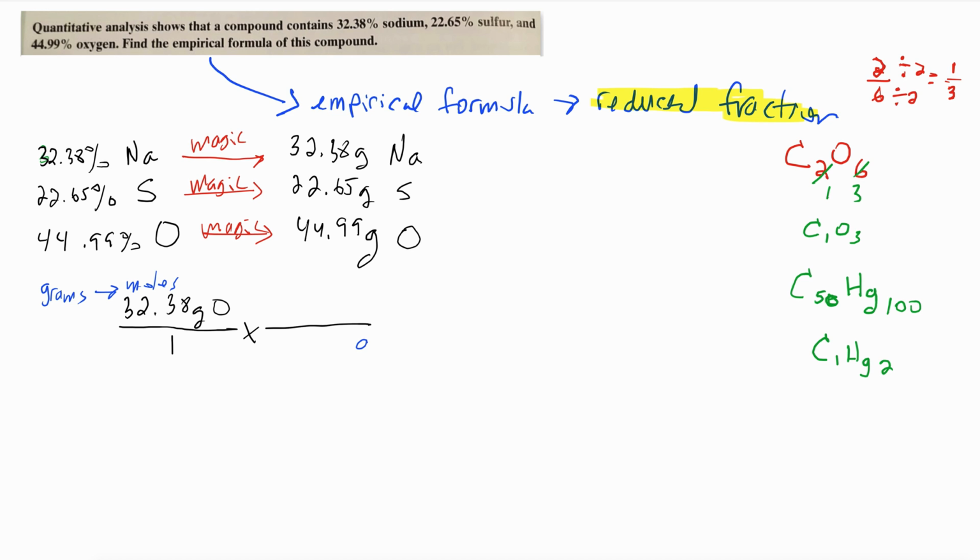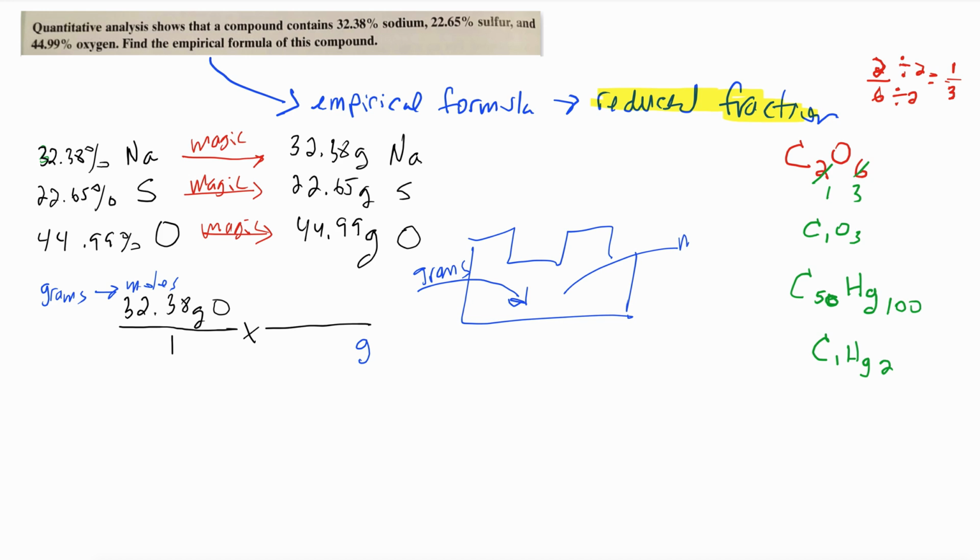You're going to put grams here. What do I put? Ashley said molar mass, and that's exactly what you put. So you go on your periodic table, and if you want to go grams to moles, you go grams in.